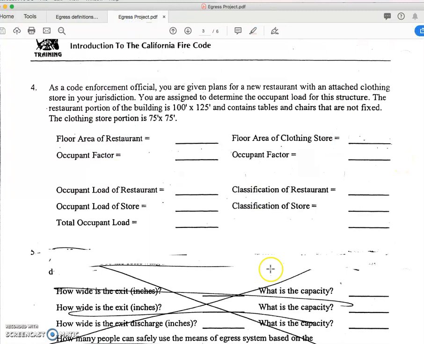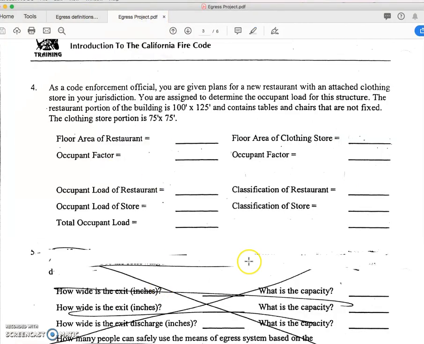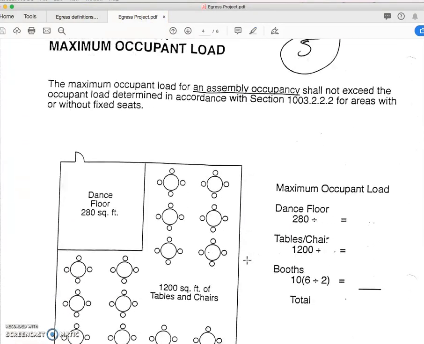Okay? So the restaurant is an A2. We used 15 because it's a dining area. And for the clothing store, it is basement and grade floor area of mercantile, so we used the number 30. Okay? Hopefully this has helped you out.